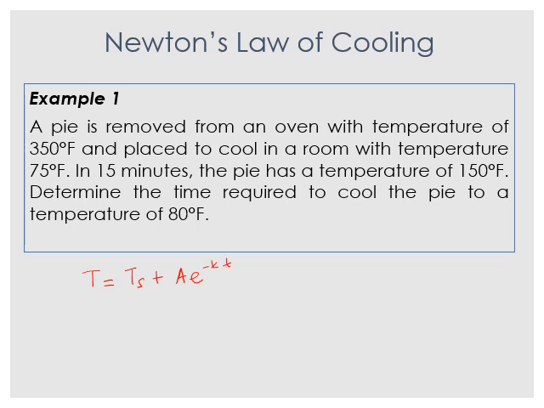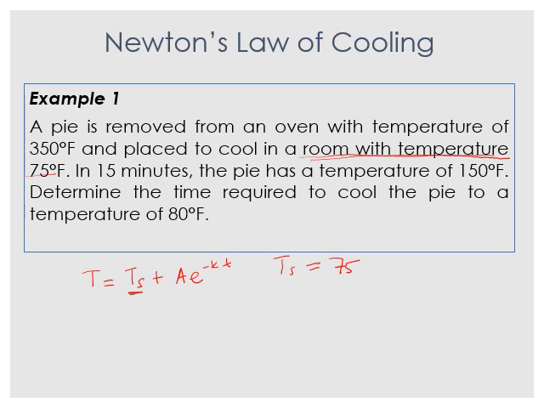So we need the Ts first. What is the temperature of the surrounding? It's the room temperature, right? Room with temperature 75 degrees Fahrenheit. So we know that Ts, the temperature of the surrounding, is 75.